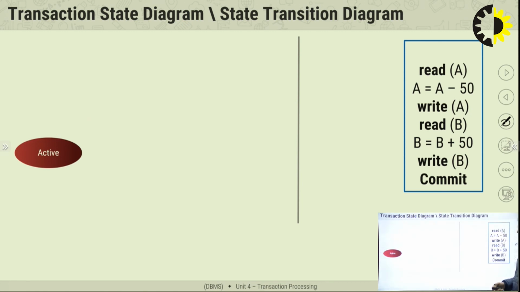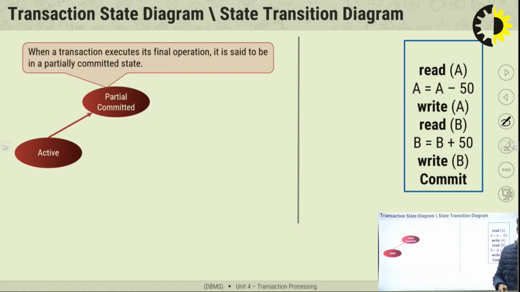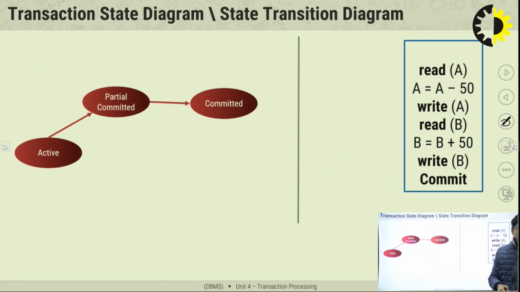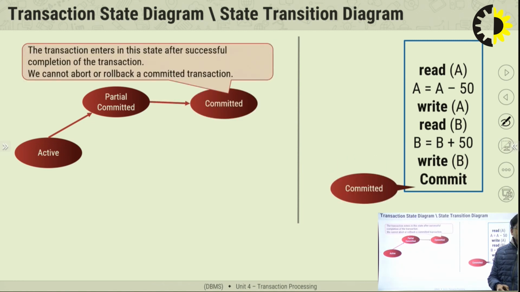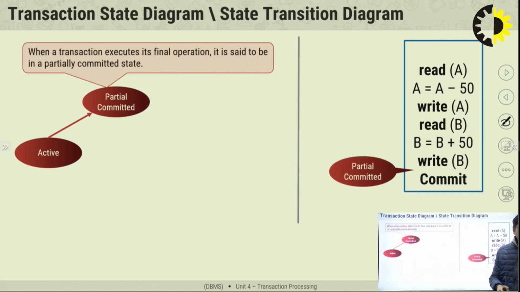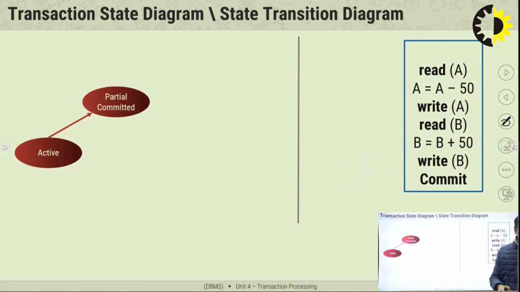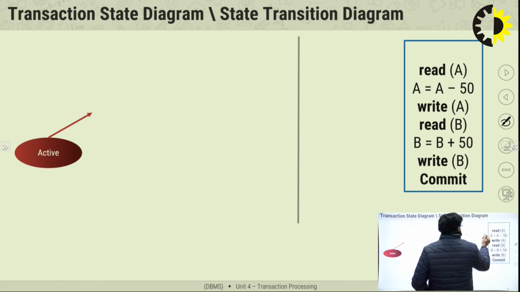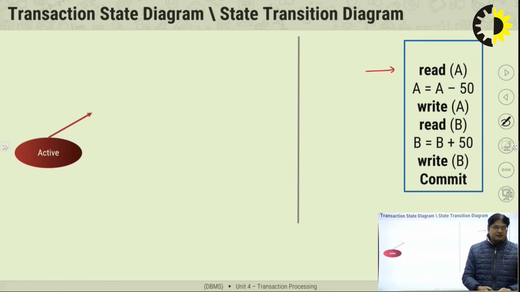Now, first we will be seeing the active state. So as soon as the transition starts, we say that the transition is in active state. That is, as soon as we start with the first line, we will say the transition has entered the active state.